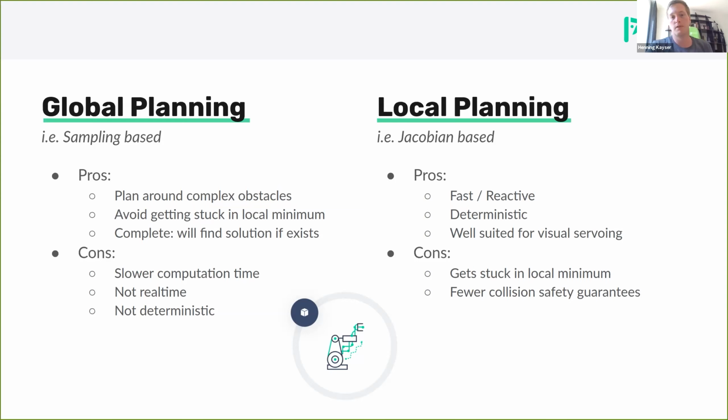The local planner should be something that can be iterated really, really fast in a high frequency. Simplest way is probably a Jacobian-based solver that just gives you a point for a target pose, or any other IK solver that allows optimization.